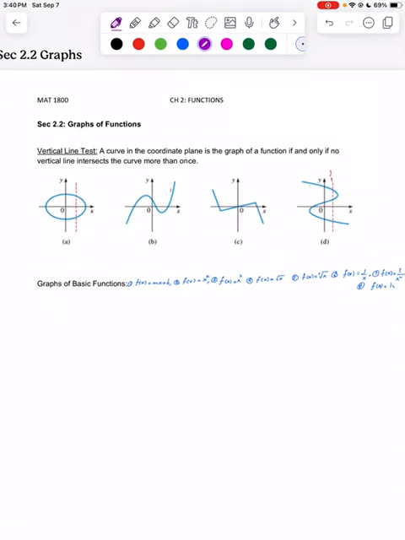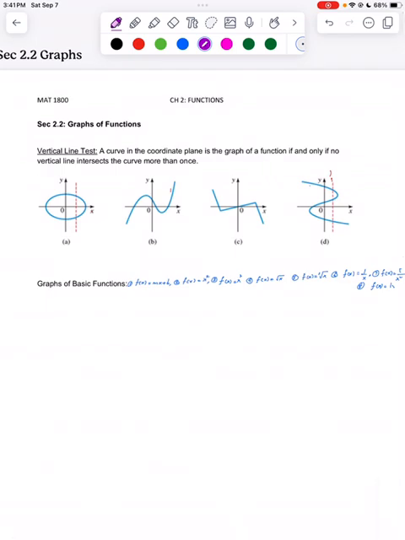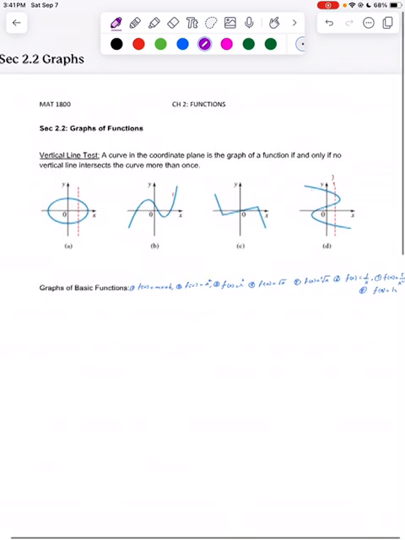Hi, so we are looking at section 2.2, which is about graphing functions, or graphs of functions. If you recall, I think on the first day of class when we talked about functions, I mentioned that not every graph represents a function.